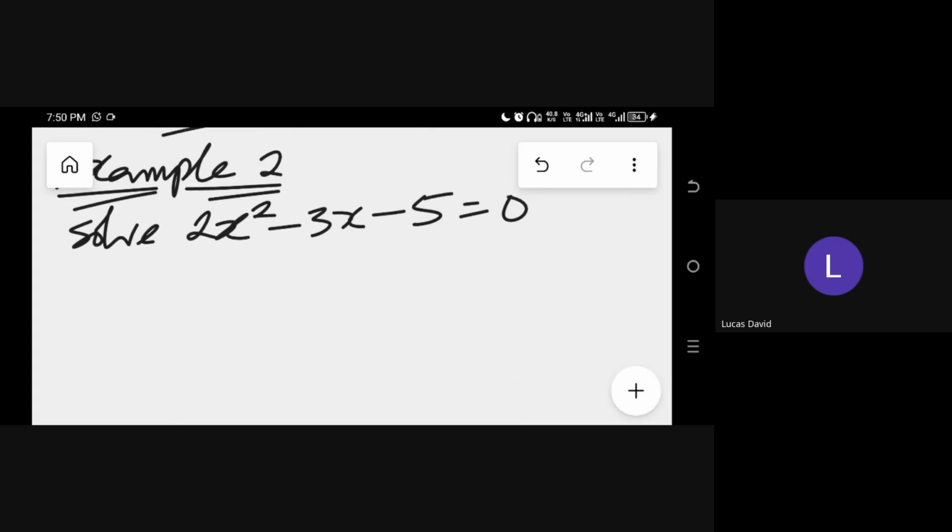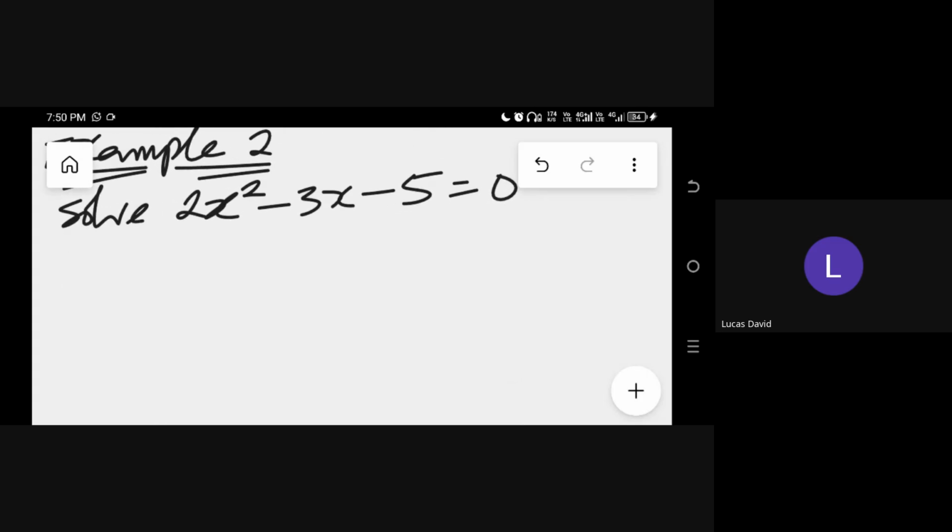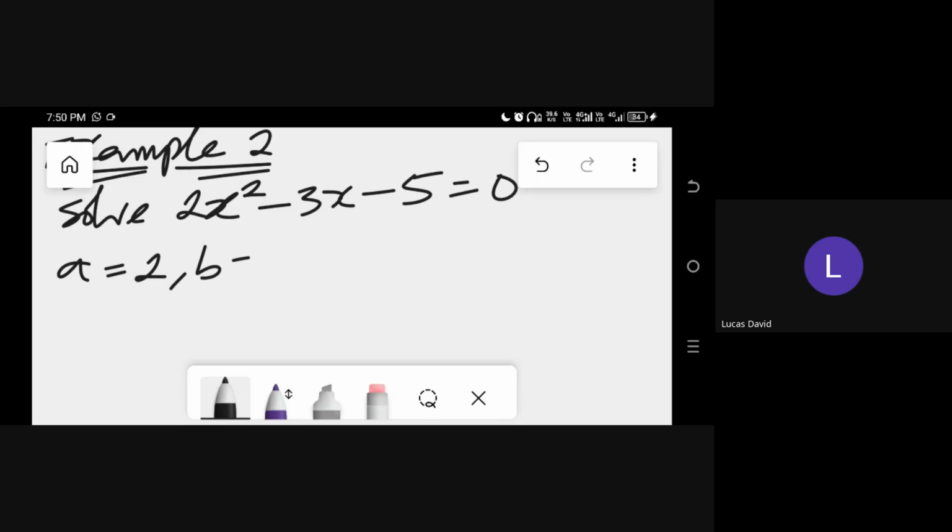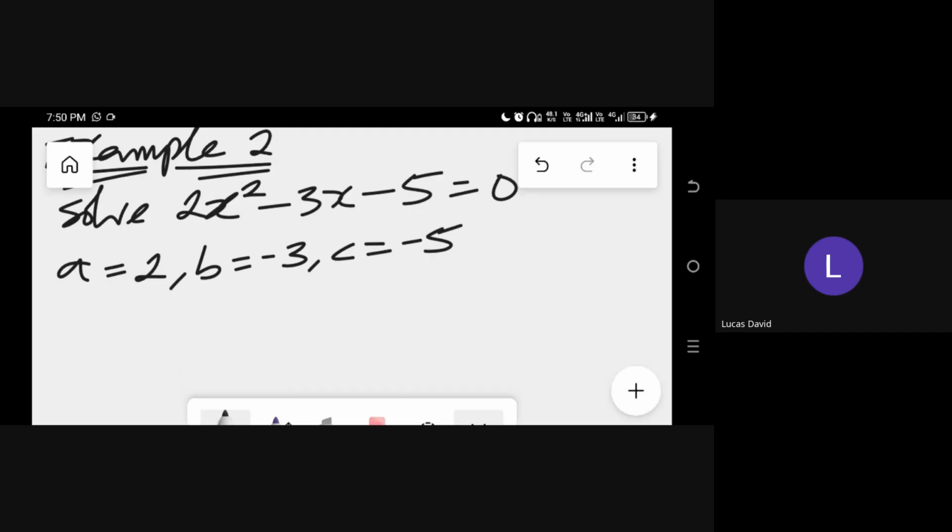So again, you would have to identify your A, B, and C. That's the first step to take. So here the A is 2, the B is minus 3, and the C is minus 5. That's what you have there.